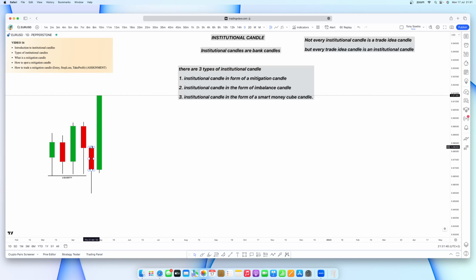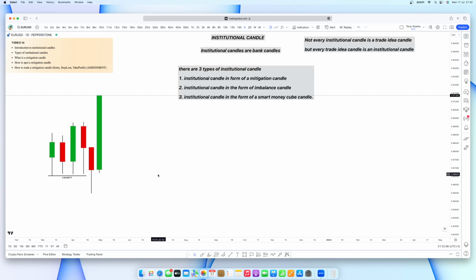So price needs to come back in order for whoever sold this down to close that trade at break even. So now, if you have the opportunity, if you can move price, if you have what it takes to move price in your favor, would you do it or not? That's a question for you now.